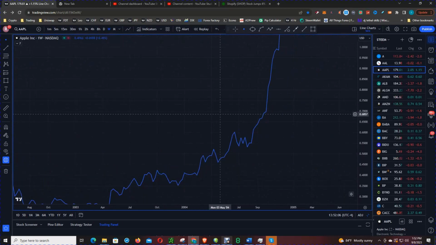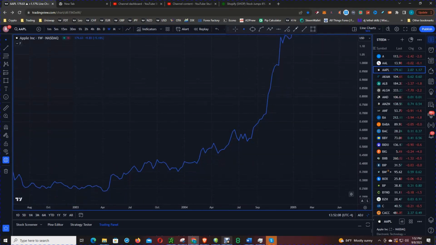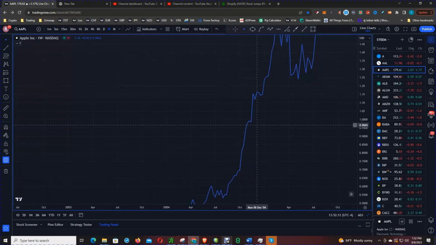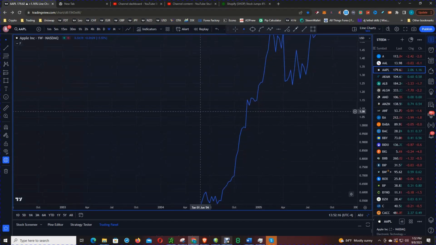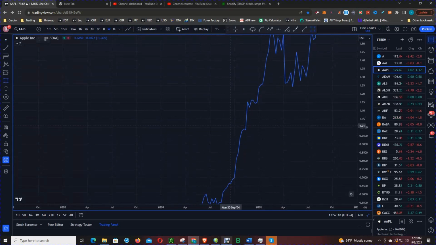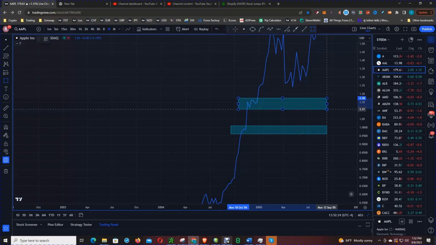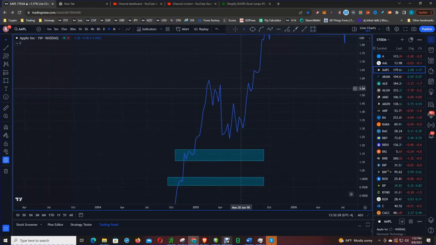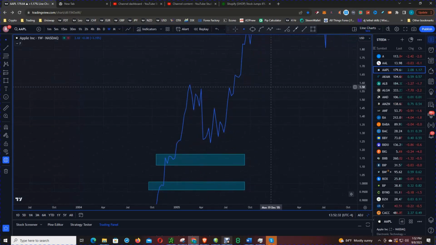All right, now we're starting to get some moves higher. Here's one. Rally, base, rally, base, rally. I like this. Rally, base, rally, base, rally.